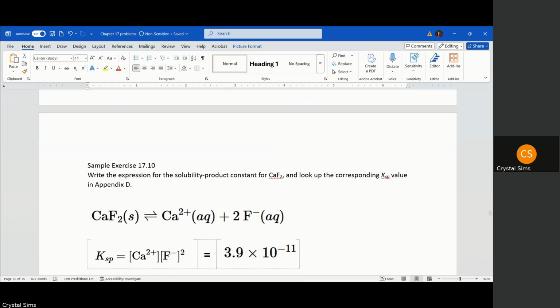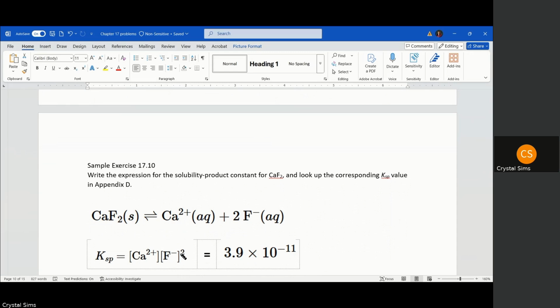So to get the Ksp expression, we're going to have Ca2 plus concentration times the fluoride ion concentration raised to the second power. So coefficients are going to come into play here. Because we have 2 fluoride ions, then we end up with an exponent 2 on our fluoride ion concentration in the Ksp expression.